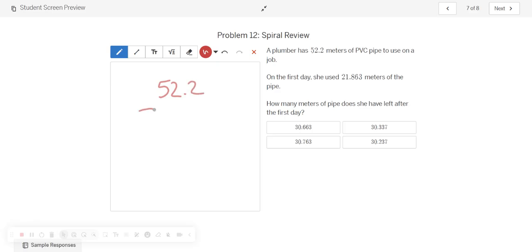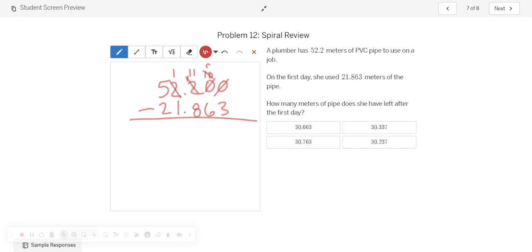Over here, this is a subtraction problem: 52.2 minus 21.863. I'm going to add a couple placeholder zeros just for fun. I need to go way over here to the ones place and borrow from the 1. I'm going to break that dollar into 10 dimes. Break a dime down, so now I have 11 dimes, into 10 pennies.